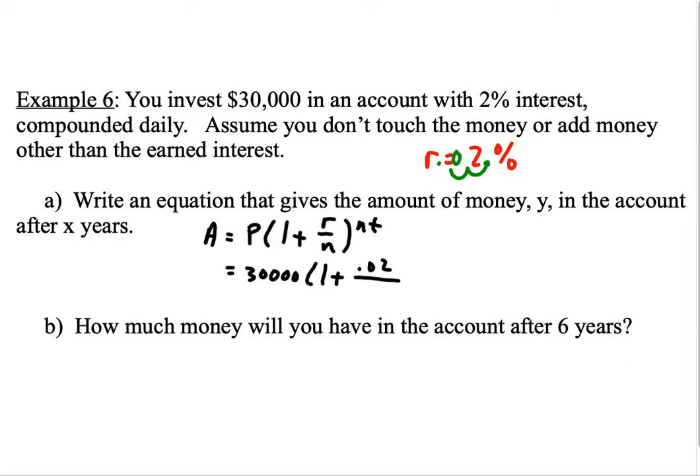And it's compounded how often? Daily. If it's compounded daily, how many days are in a year? There's 365 days in a year, so that's your N value.